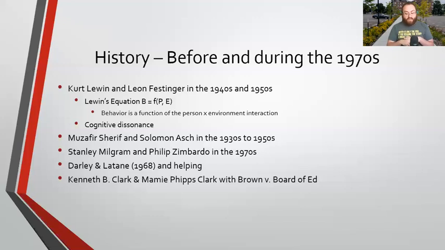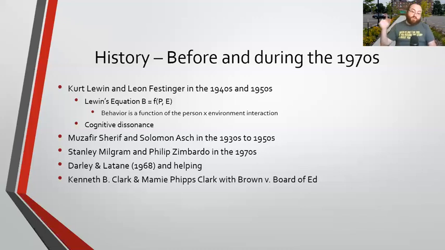So I choose to be giving a lecture right now. Well, there are person variables that are motivating me to do a lecture. I like giving lectures. I have a job in psychology that I just intrinsically enjoy. But also environmental factors promote me to do the lecture right now, because I wouldn't be able to do this lecture if I didn't have a computer set up to do it on.